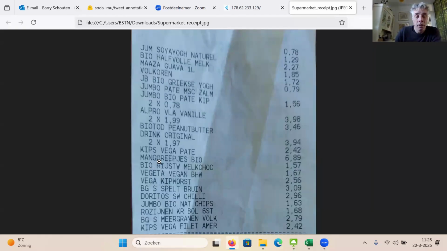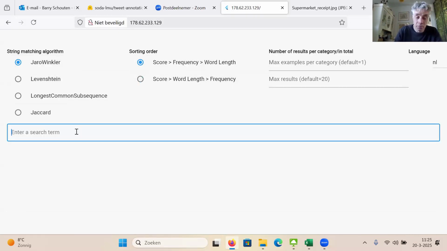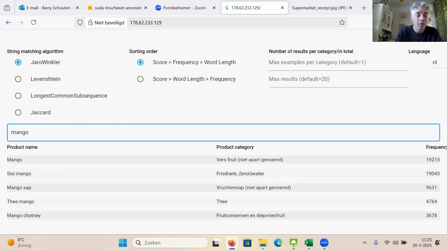Maybe a last one. Here is mango rapiers, which are slices of mango, just as an example. And indeed, it has mango. I can choose also for mango chutney, but that's definitely not what it is. It's mango.